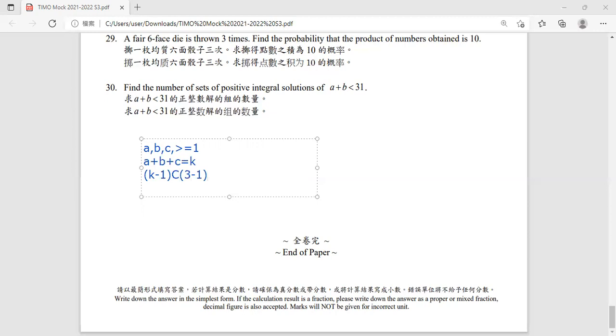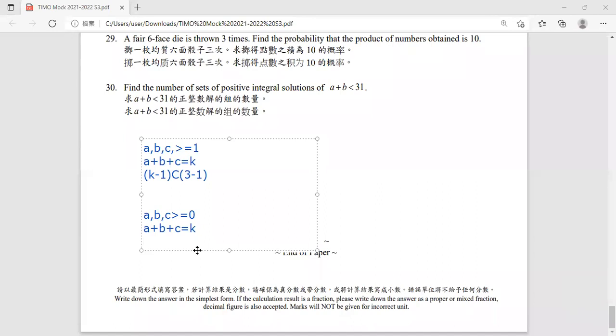But if I have something like a, b, c greater than or equal to 0, with a plus b plus c still equal to K, I have to add 1 to every number here.